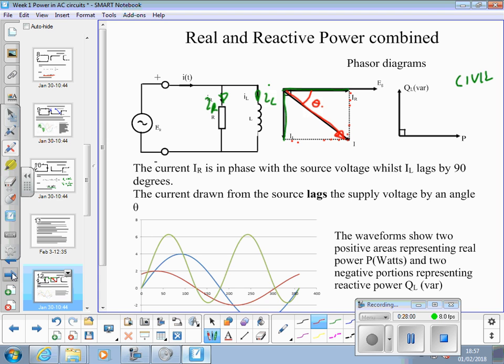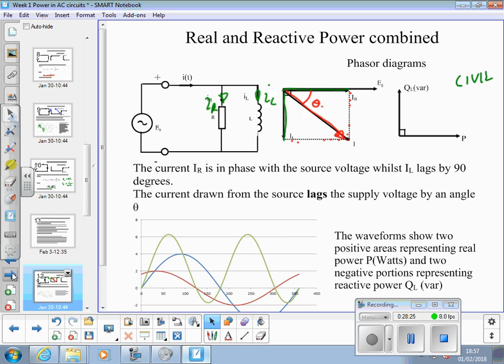The current IR is in phase with the source voltage, whilst IL lags by 90 degrees. Current drawn from the source lags the supply voltage. So the overall current is behind or lagging the voltage. Not by as much as the inductor current, but it's still lagging.